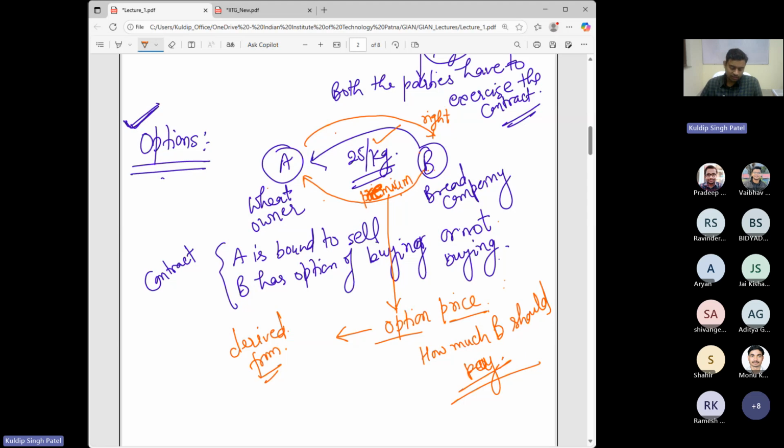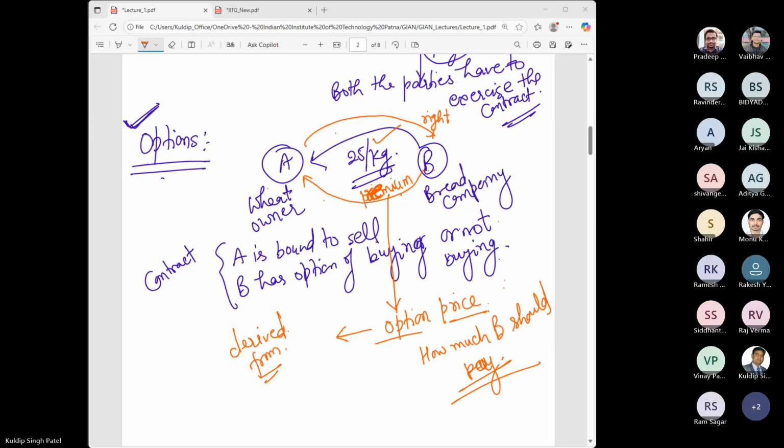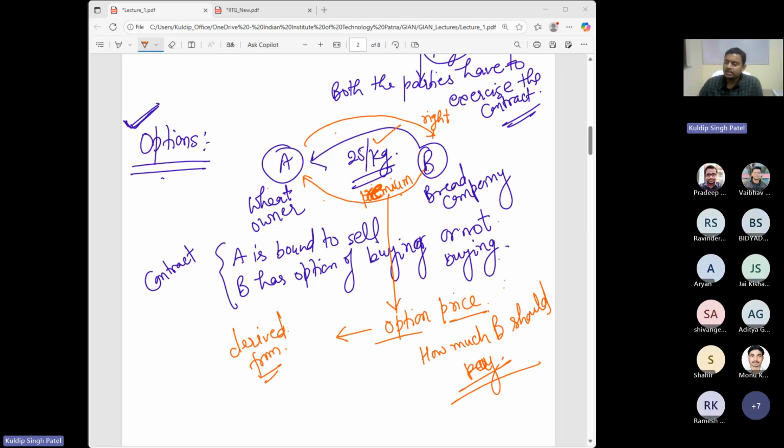right? We used to get a call that, okay, you pay me 2000 rupees and you get a health insurance of rupees 5 lakhs. How many of you are aware of this? You give me 2000 as premium and you'll get rupees 5 lakh insurance.